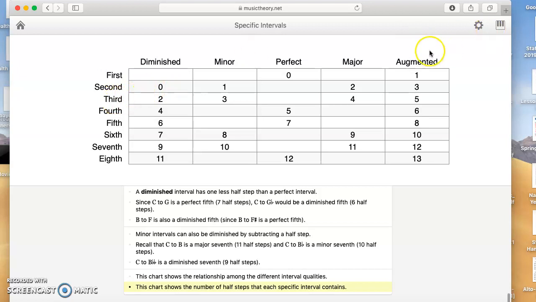It could also be an augmented second, but we are not going to deal with augmented or diminished intervals today. So in your practice, you are only going to use minor, perfect, and major. This chart is going to be very helpful for you. You are only going to use minor, perfect, and major.